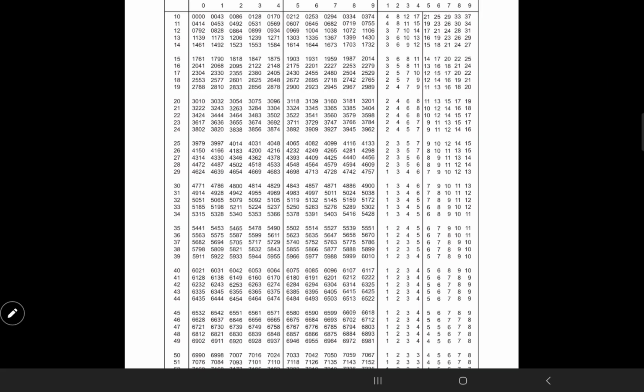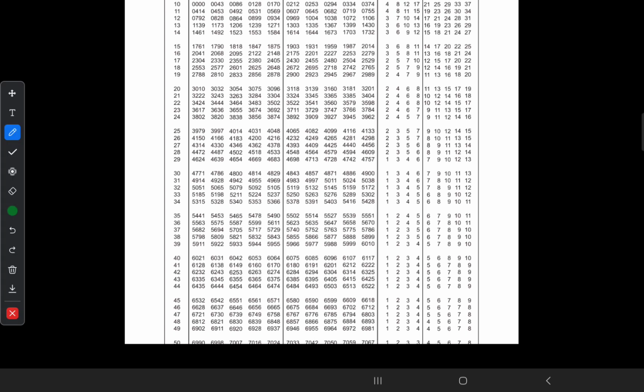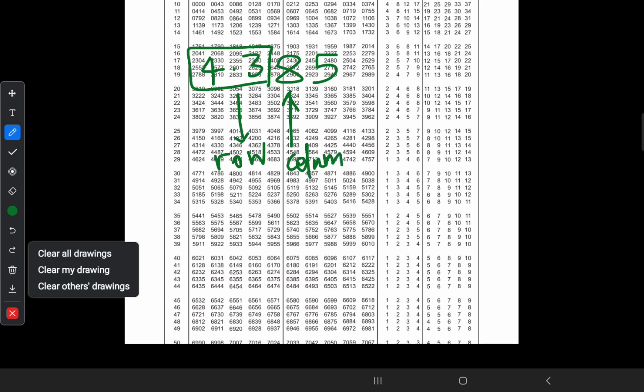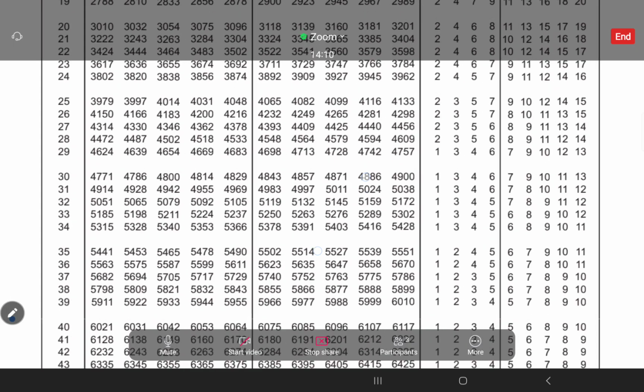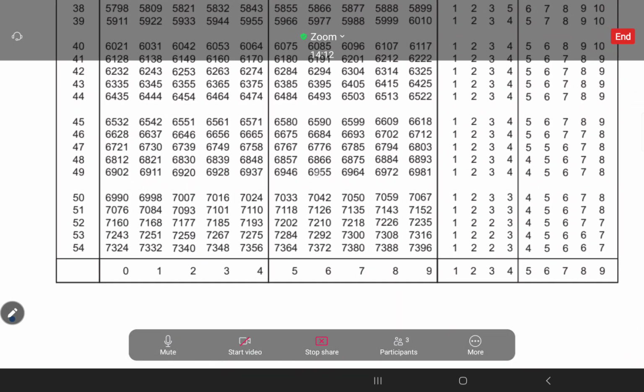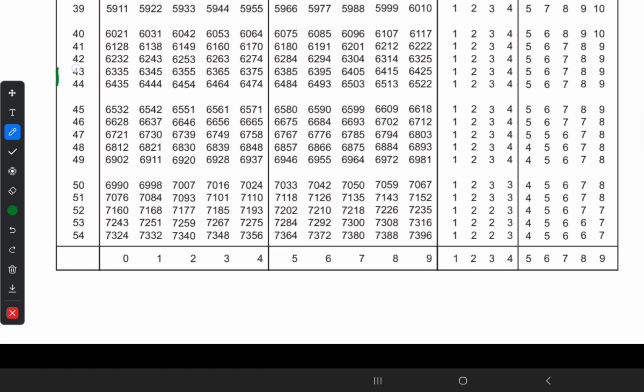Okay, 4.385. That means 43rd row and 8th column. That would be the value we need to find. Yeah, this is the 43rd row.